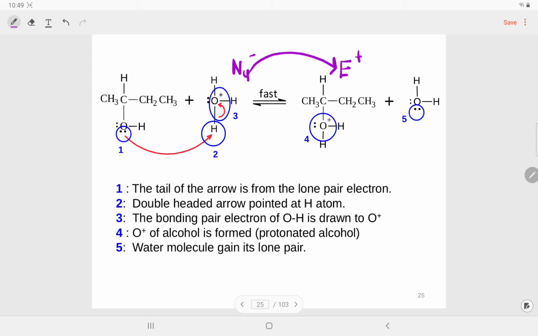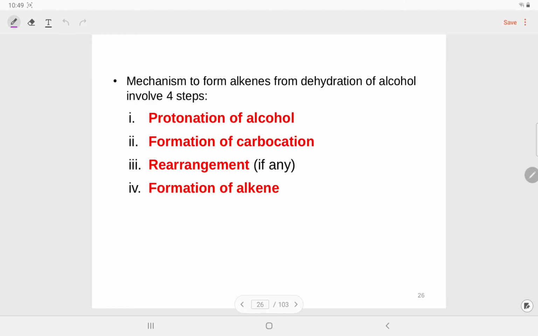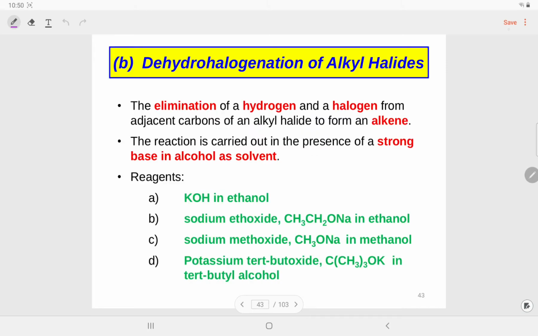So we have four steps in the mechanism: protonation of alcohol, formation of carbocation, rearrangement, which may or may not occur depending on the stability of the carbocation formed in step 2, and finally the formation of alkene.